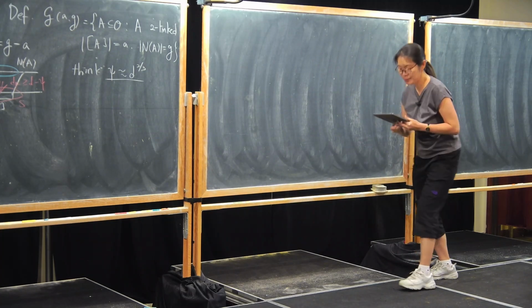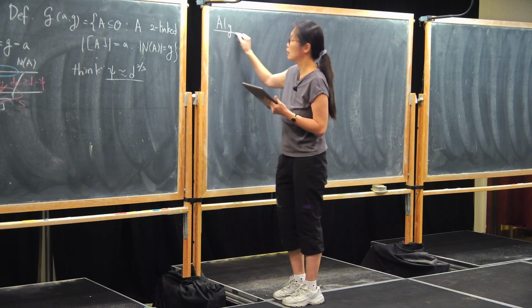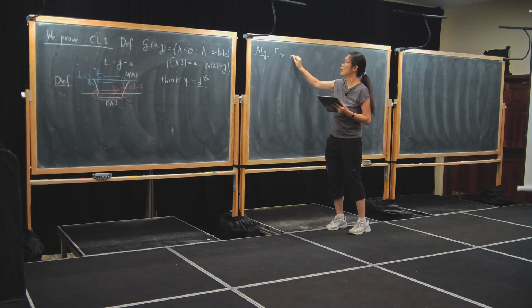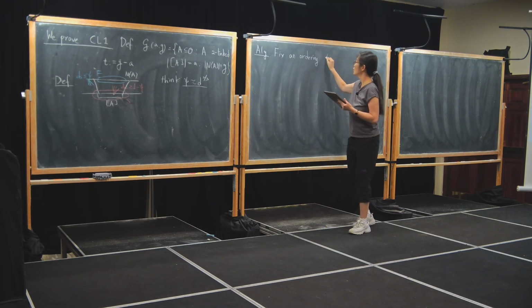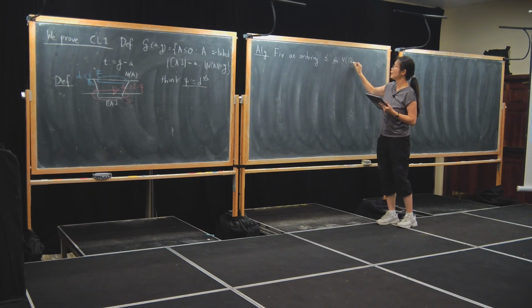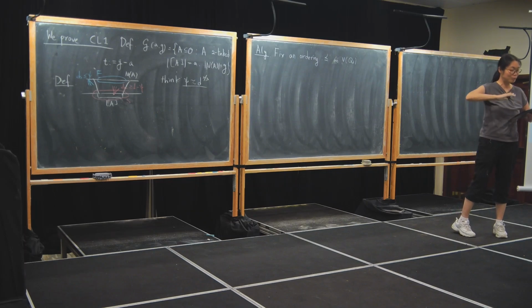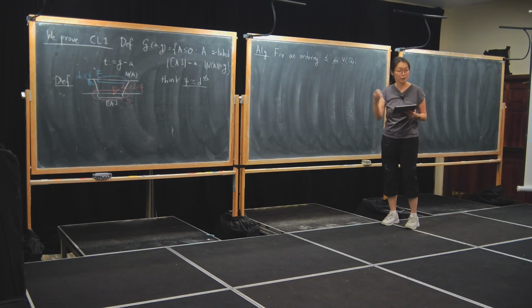And here comes the algorithm. So this is step 2. So first, as usual, we fix an ordering on the vertex set of QD. And this is because when we implement the algorithm, we want to remove the ambiguity. So we always want to have a unique choice for the vertices.